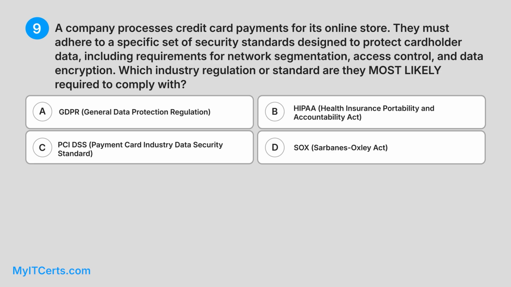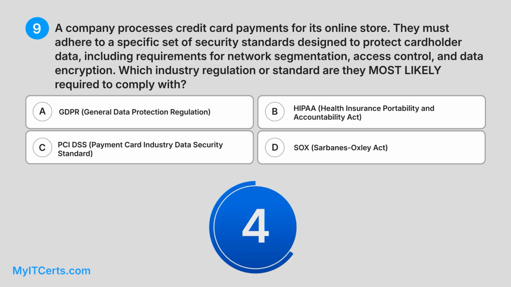A. GDPR, General Data Protection Regulation. B. HIPAA, Health Insurance Portability and Accountability Act. C. PCI DSS, Payment Card Industry Data Security Standard. D. SOX, Sarbanes-Oxley Act. Can you guess the answer?